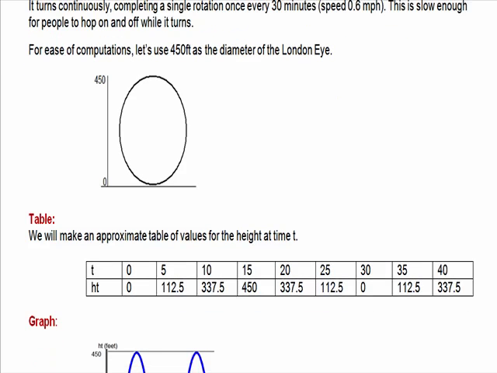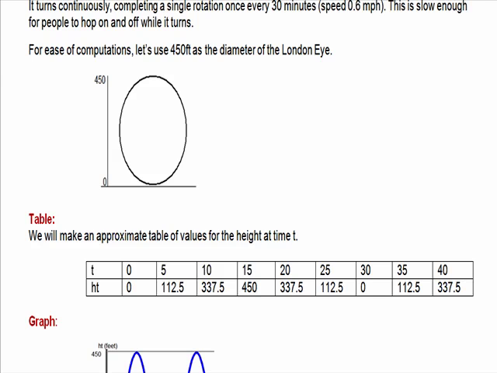So what I have done here is I've made a table that would give us an approximate height situation over a time period, and I went from 0 up to 40 minutes. What we know is we start at a height of 0. We're going to assume that we get on at a height of 0 and that that's when time starts.